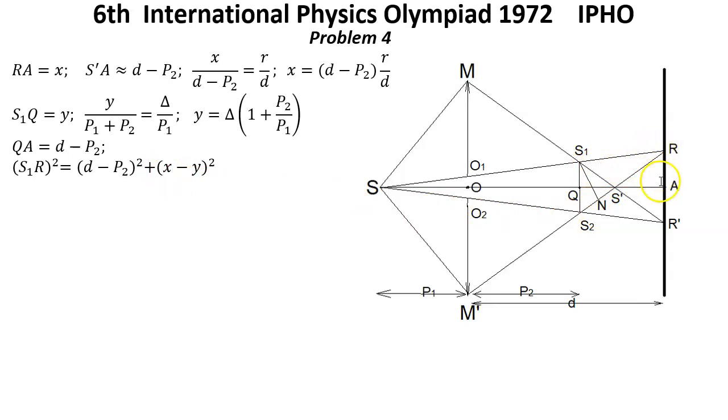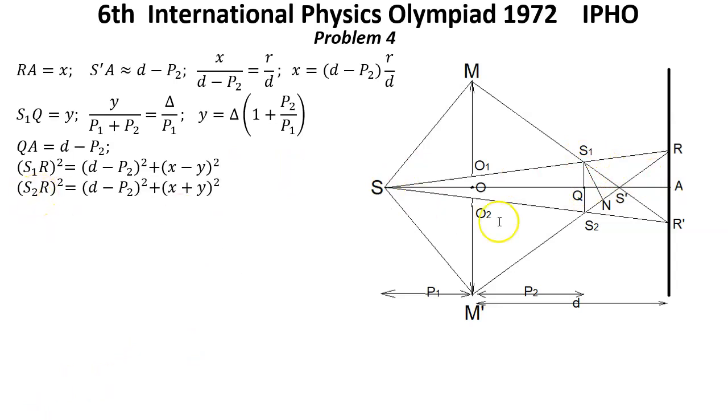So this distance minus this distance. And on the other hand we have S2R squared, this one, that's equal to the same D minus P2 squared, the height, plus X plus Y squared. Now we need to add X and Y. And now let's count what is the difference between these two parts.